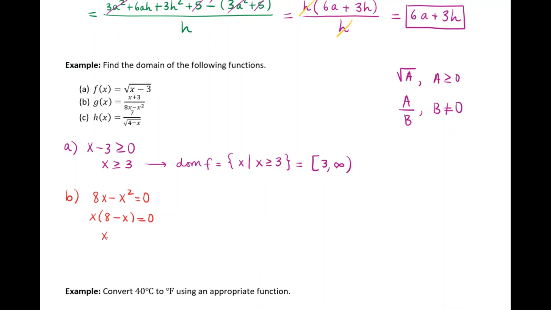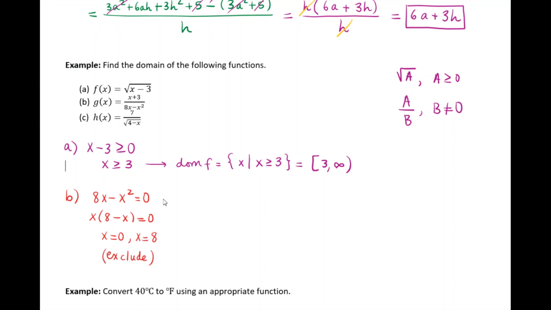So x is 0, or we have x is 8. So we have to exclude these numbers.